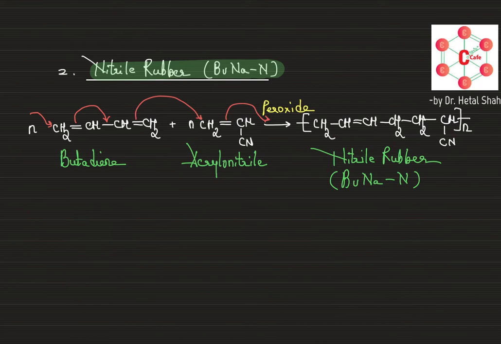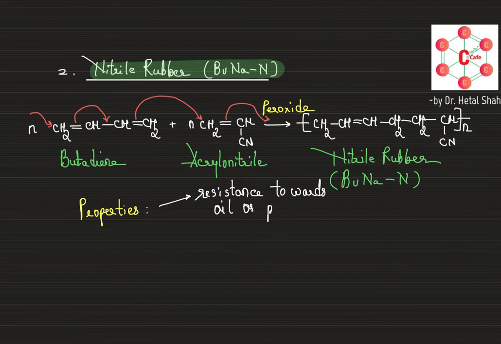And you can see the properties here. Because of having CN in the structure, the molecule is very polar, so the polymeric chains are extremely polar, so resistant towards oil or petrol. This is one of the key properties. No organic solvent can affect this, right?